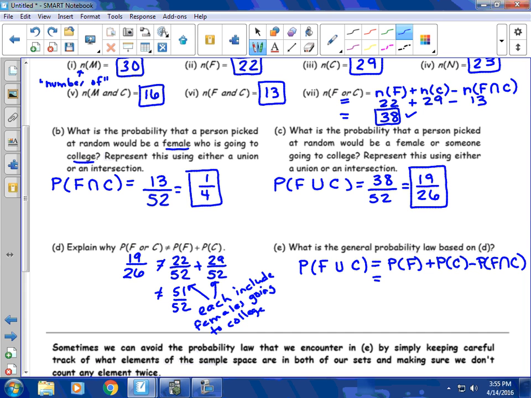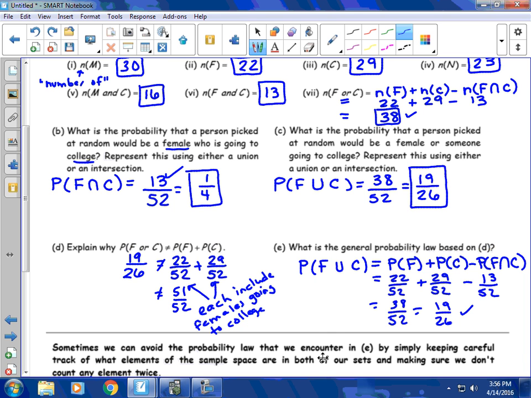So then we get 22 out of 52 plus 29 out of 52 minus this number from up here, 13 out of 52. And if you add those all up, 22 plus 29 minus 13, it comes out to be 38 out of 52, which is that 19 out of 26 we got above. So just another illustration of why you've got to use the addition rule.